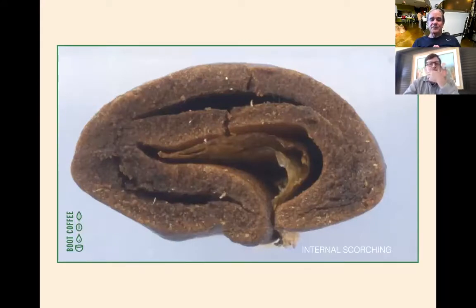Here we have an example of internal scorching. Remember that very first bean that I showed where water vapor was exiting the bean in an irregular, inconsistent way. Here we see the potential consequence of that.